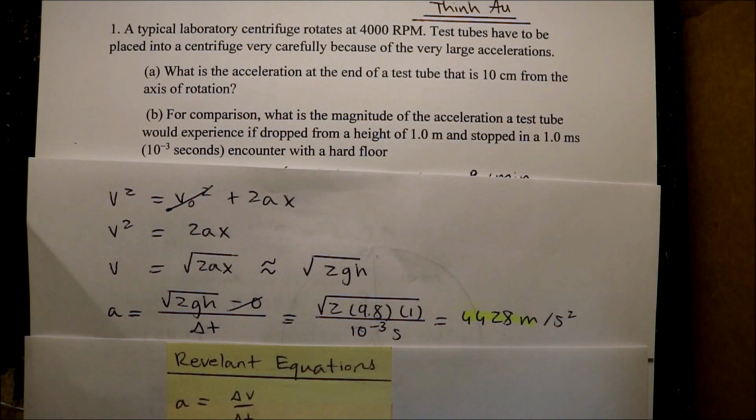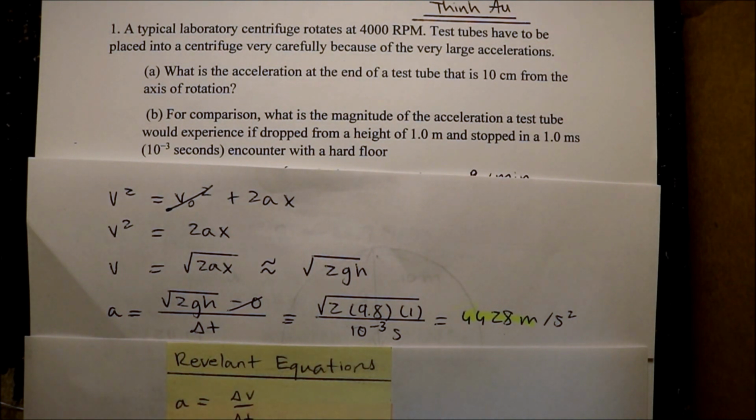Now all we have to do is manipulate our new equation. Since we know that the acceleration equation is delta v divided by delta t, we can plug our previously manipulated equation for final velocity into our acceleration equation. We have final velocity subtract initial velocity, and again initial velocity was 0, so we don't have to write that, but I just wrote it to be sure.